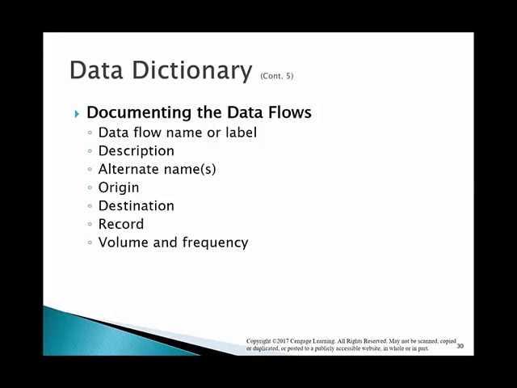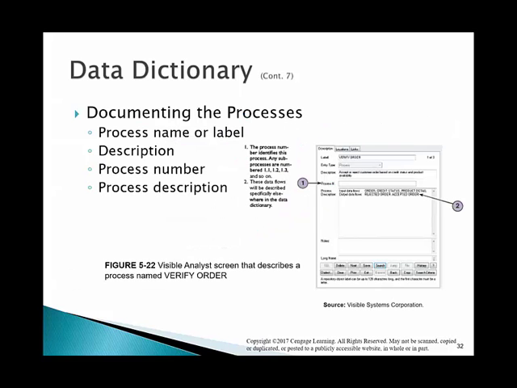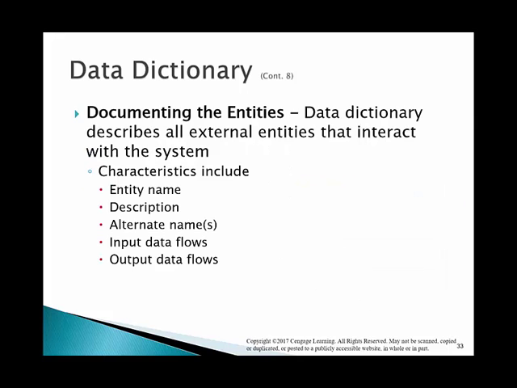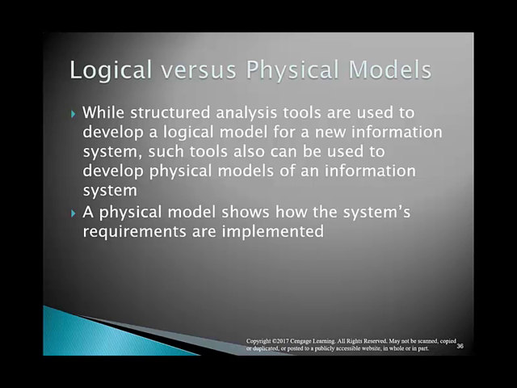Documenting the data flows. We've talked about data flow a lot in here. This dictionary talks about the data store named in stock. I'm going to get through the data dictionary right here, and then after the report, logical versus physical models.